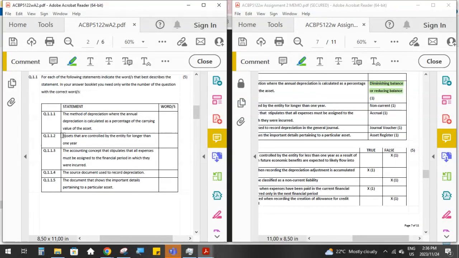Then the second one, assets that are controlled by the entity. So that controlled by was your clue, for longer than 1 year. So 2 clues. What is that a definition of, or part of the definition of?